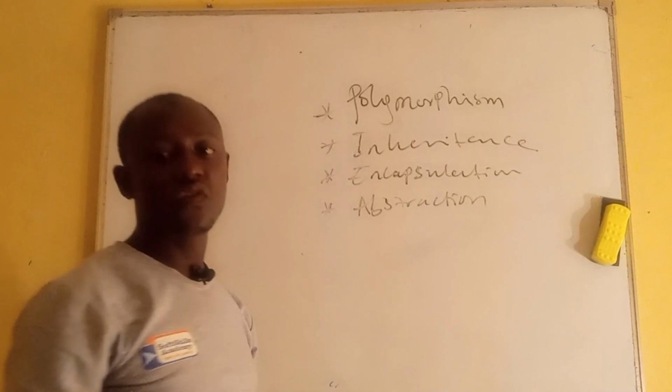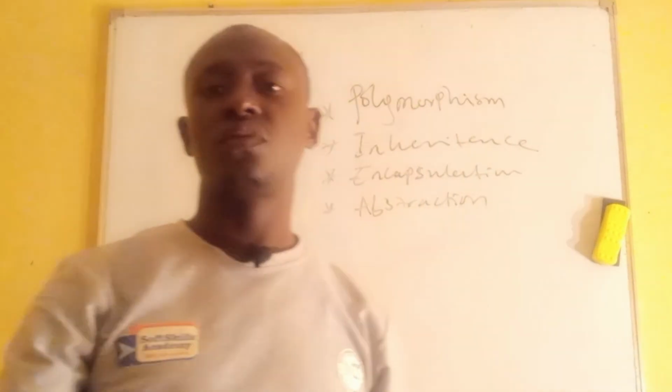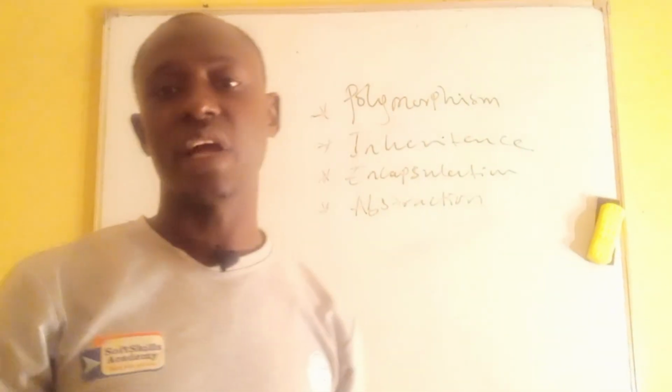So these are the four basic principles of object-oriented programming.